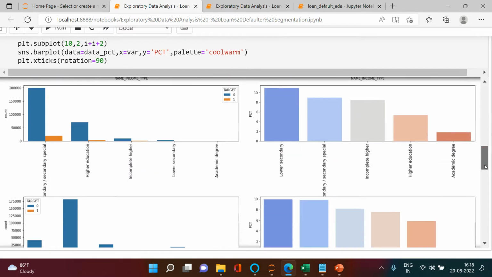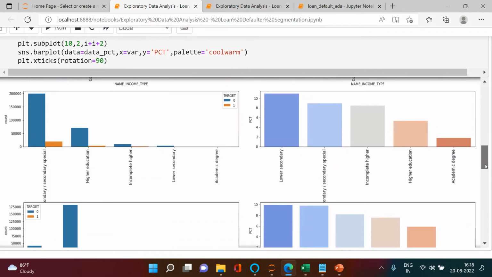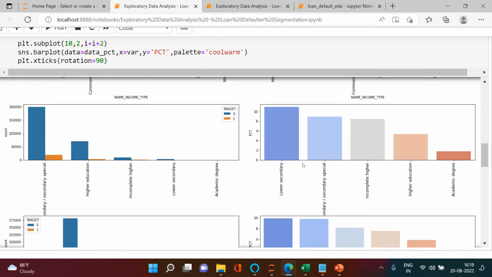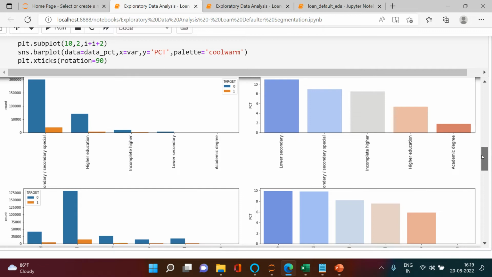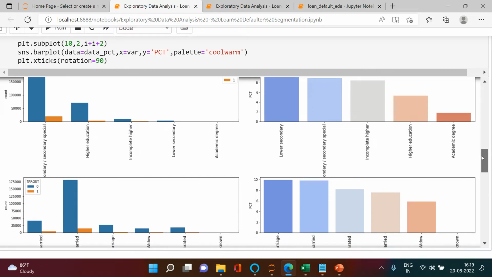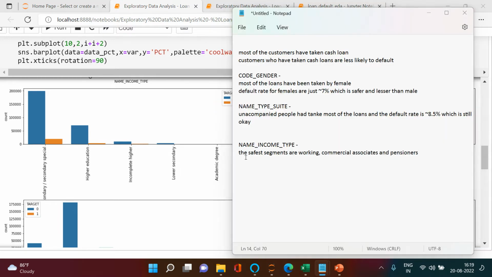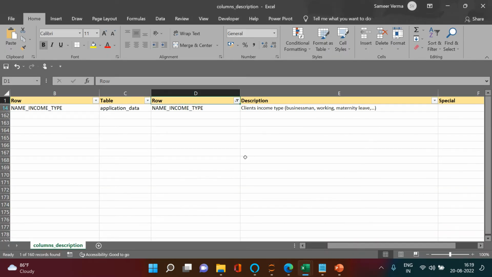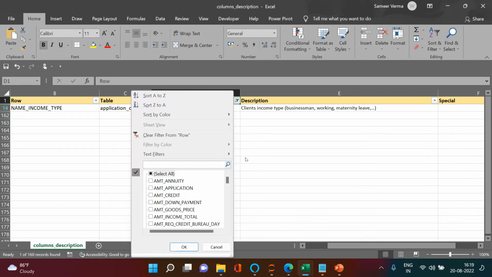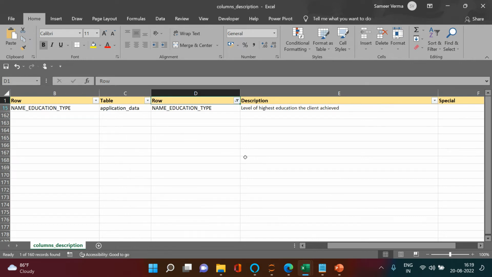Okay, now let's move forward, and here we are not able to recognize which sort of variable this is, right? What we can do is, this has the value higher education. So this is the education variable, the qualification variable. Let me see what exactly the variable name is. Do we have something called qualification? No. Education, yes, name education type.